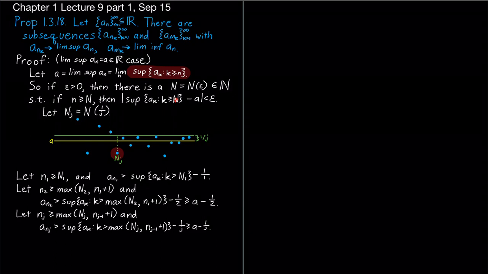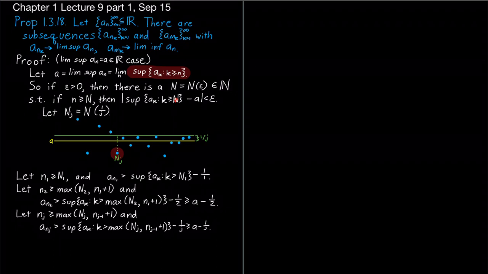Then let's write out what we know about our a sub n sub j's. We've got a minus 1 over j is strictly less than a sub n sub j.